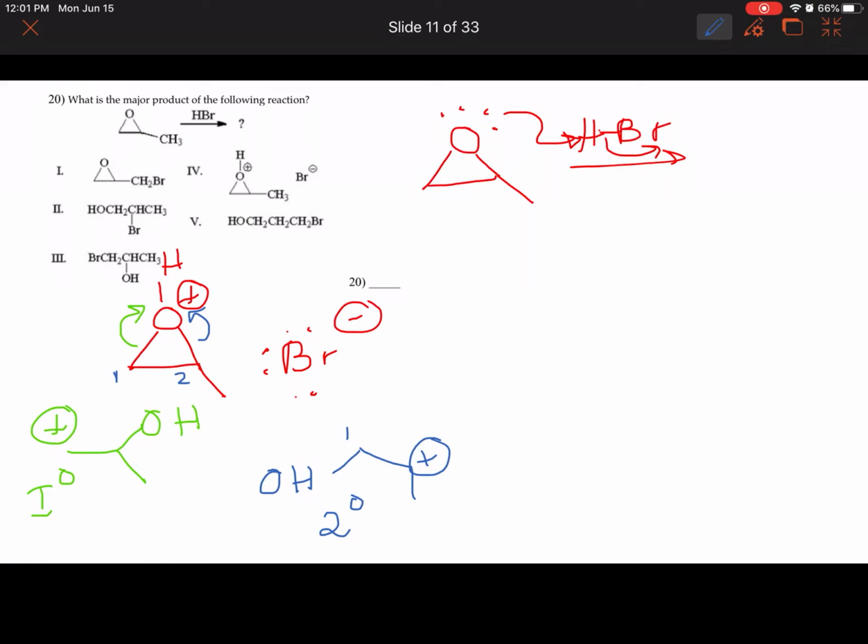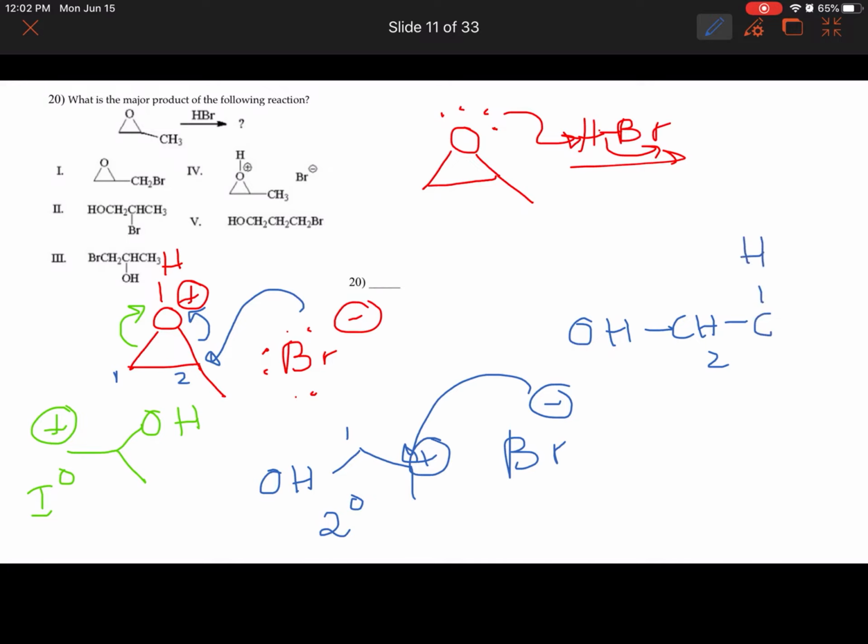So always keep in mind, if an epoxide is going to open in the acidic medium, you will first protonate the oxygen and you choose the carbon that is most substituted. In this case it is going to be the number 2 carbon, and that is where the incoming nucleophile, in this case bromide, is going to attack. Okay, because that's where the most stable carbocation is, secondary over primary carbocation.